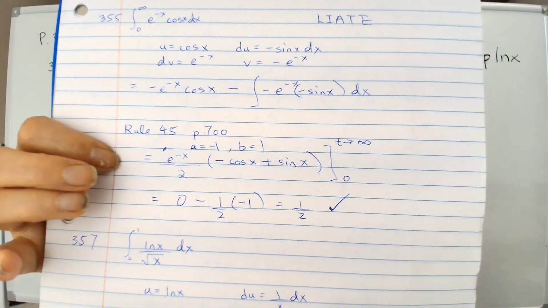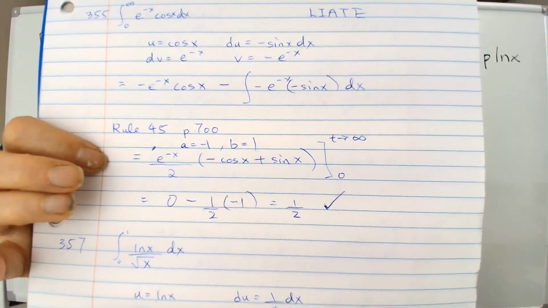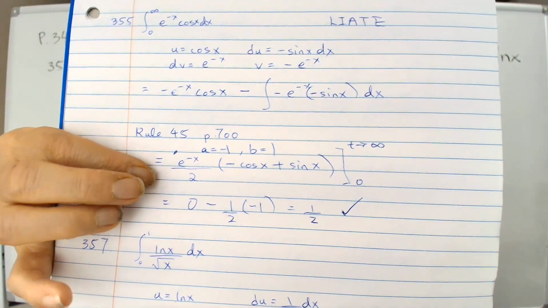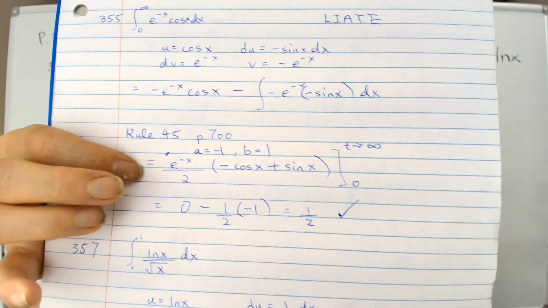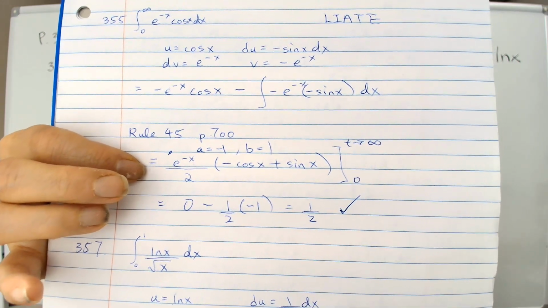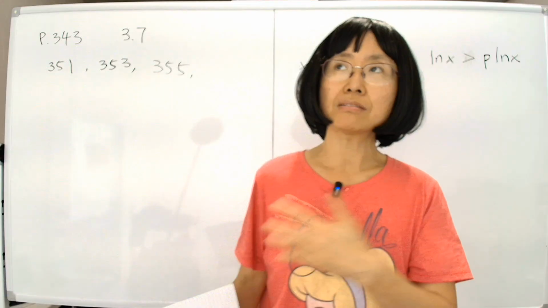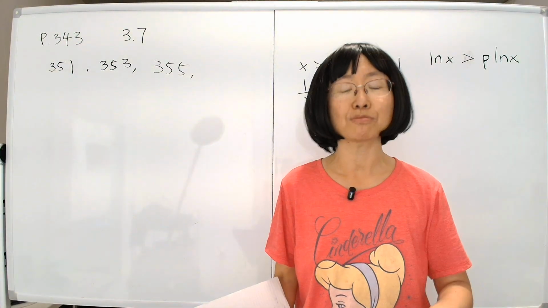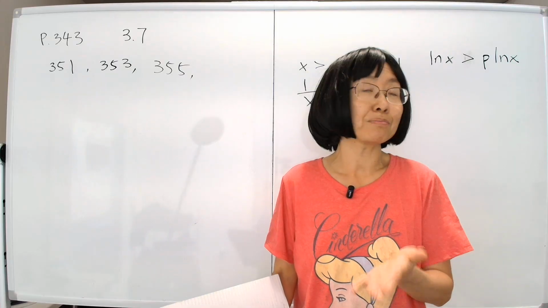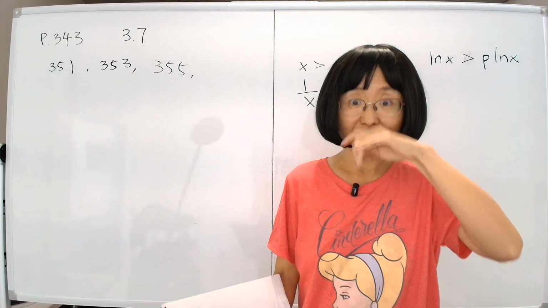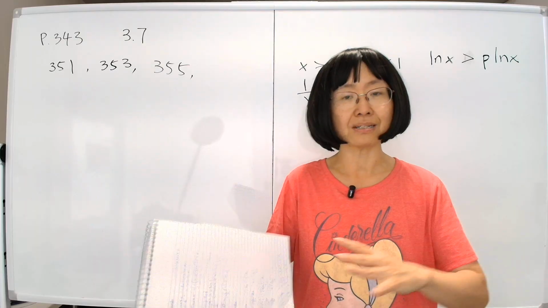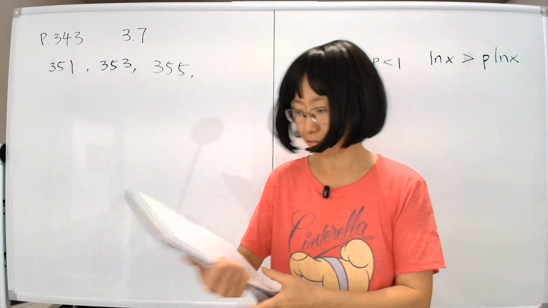And then we evaluate from 0 to t, with t going to infinity. When t is infinity, e to the minus x goes to 0. And then cosine x and sine x are at most 1 and -1. So when they add together, the most they can be, and they might not ever be that much, is 2 and -2. So that's limited, whereas e is just taking a dive to 0.